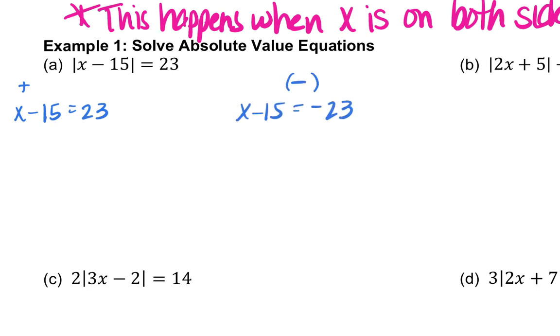So you have your positive side and your negative side. Solve each equation. Add 15 to both sides, and you get 38. Add 15 to both sides over here, and you get negative 8.